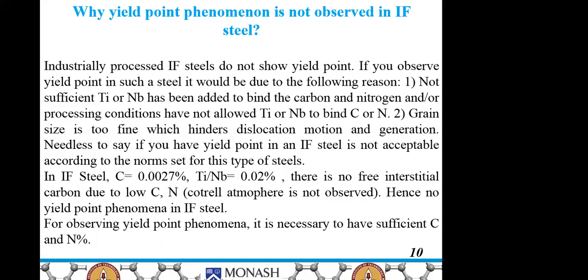So there is no free interstitial carbon due to low carbon and nitrogen, and the Cottrell atmosphere is not observed. Hence, no yield point phenomenon is observed in interstitial free steel. But if it is observed, then it may be that there is a little bit of carbon.